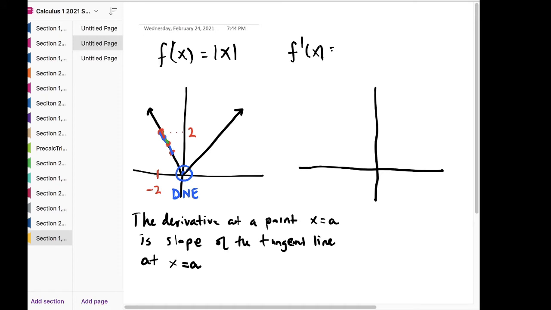Well, it's boring. The tangent line is the line itself, because absolute value of x is a line on this side of the graph. It's not almost, it's exactly the same line. So this is the tangent line. So the derivative does exist there, right?